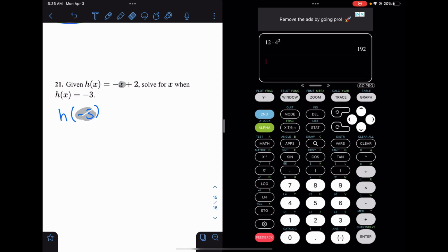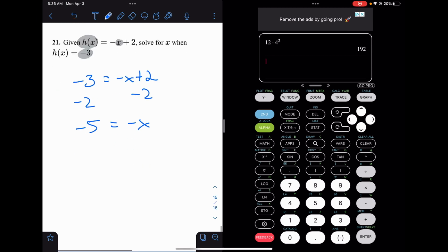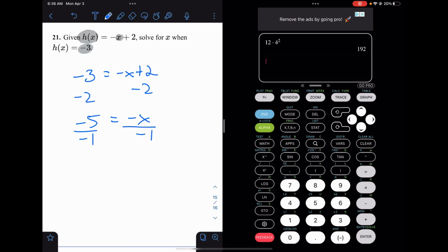That's not what they asked me. They told me that h of x is equal to negative 3. So what I'm going to do is replace my h of x with a negative 3. So negative 3 equals negative x plus 2, minus 2 minus 2, negative 5 equals negative x. Divide by negative 1, and get that x is 5.